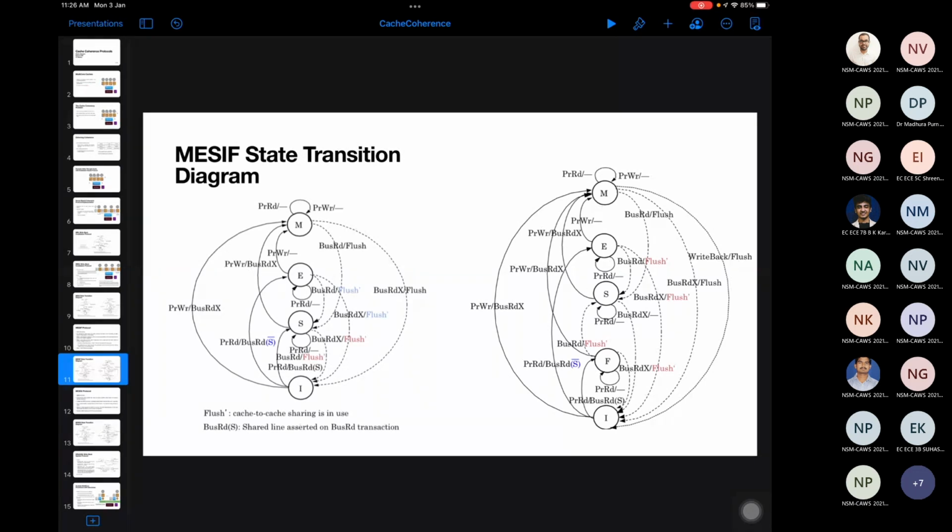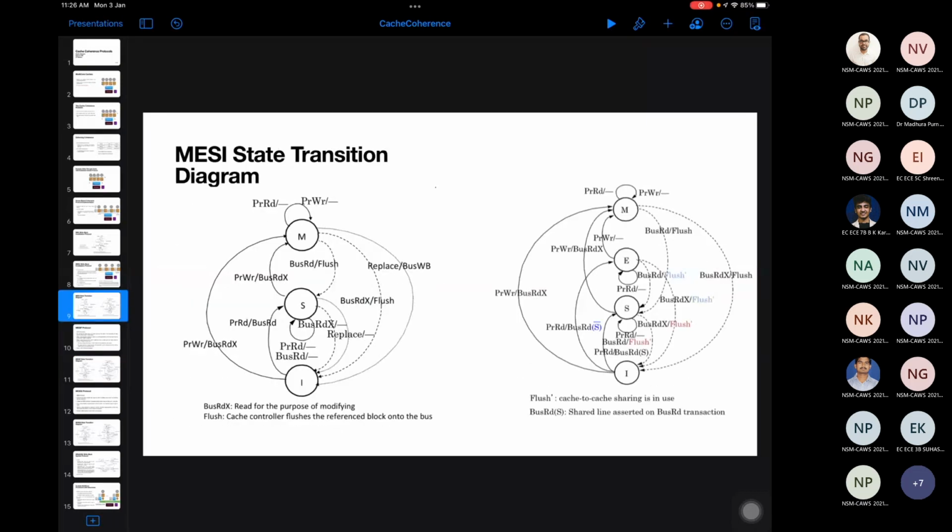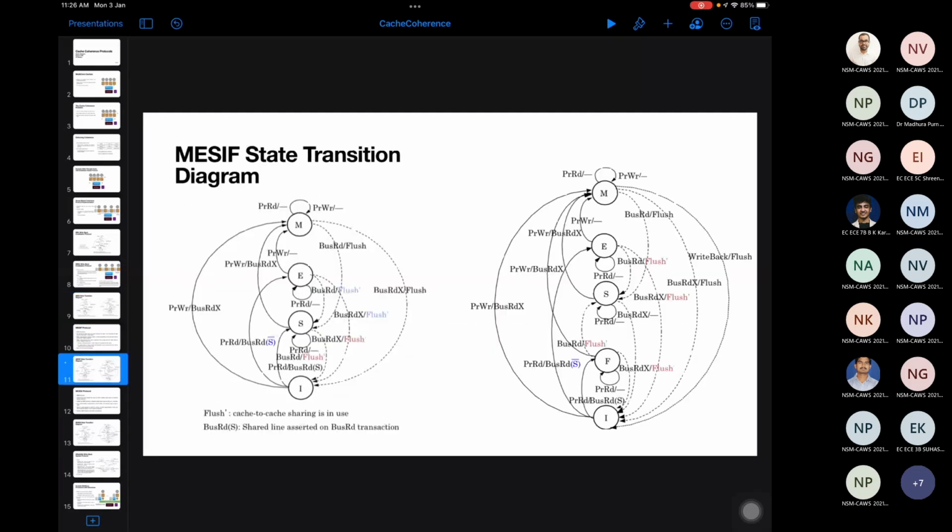If you see, in a modified state, when you are replacing, I'll just go back here. You can see in MSI a block in modified state, and if you are replacing, you are writing back. The same logic is carried forward for MESI and MESIF also.